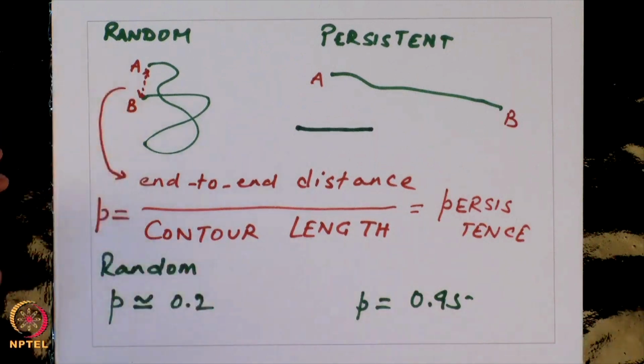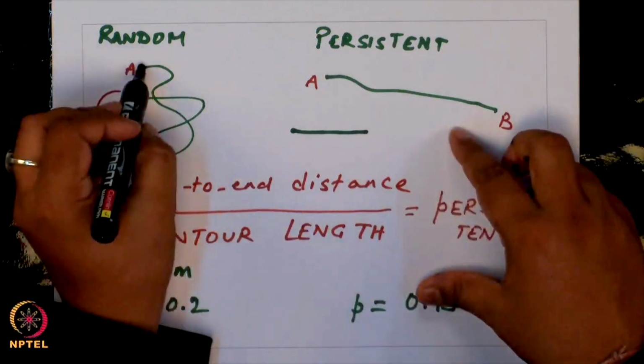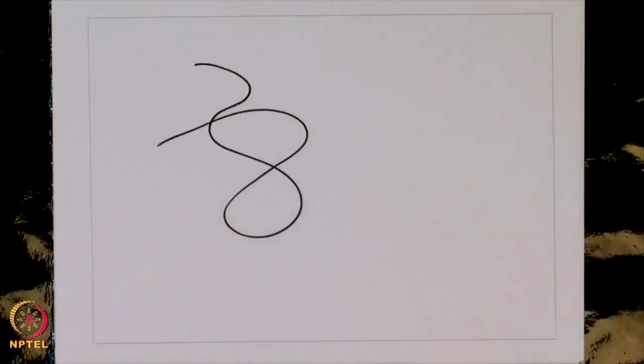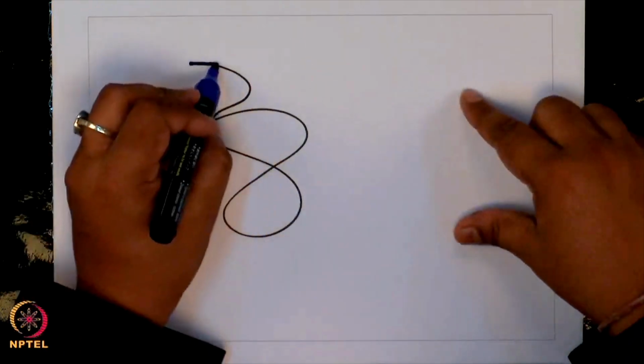This is one of the simplest ways to quantify persistence, but there is something else you can also do. If I were to look at this particular trajectory, I can break it into individual segments. Let me redraw it. Let us imagine that this is a trajectory of a cell. I can break it into short segments which are straight.